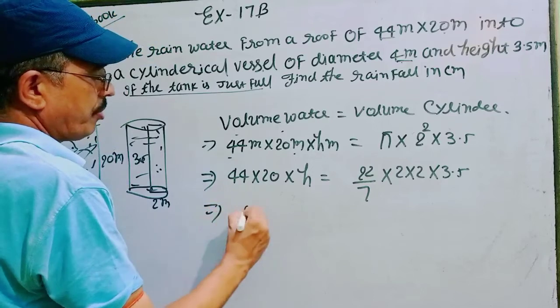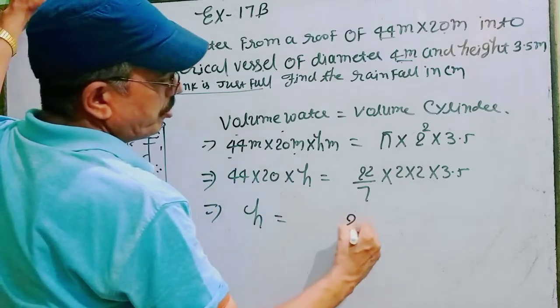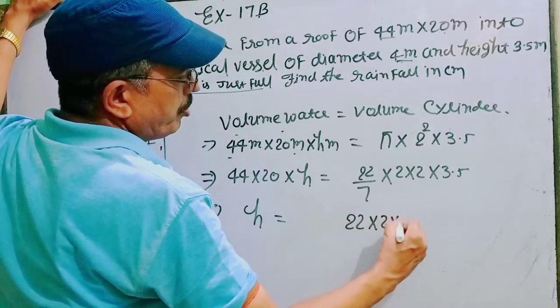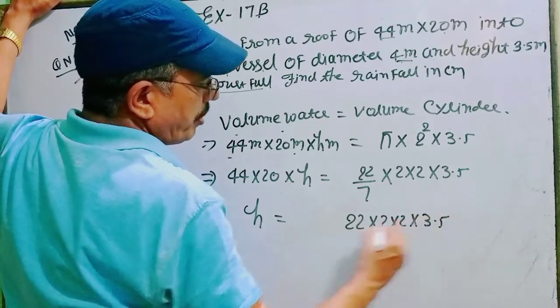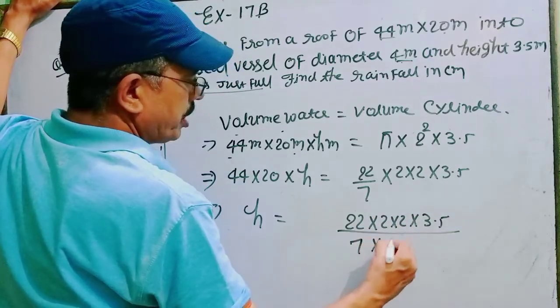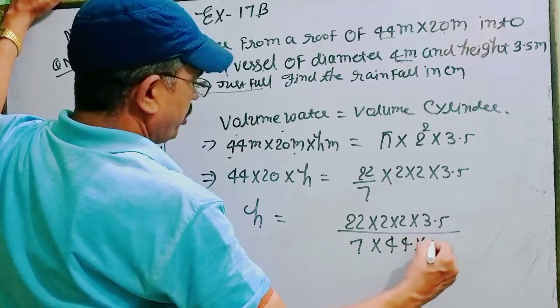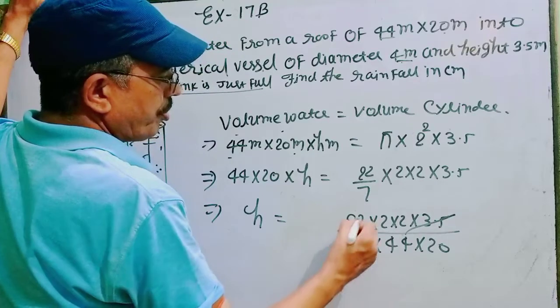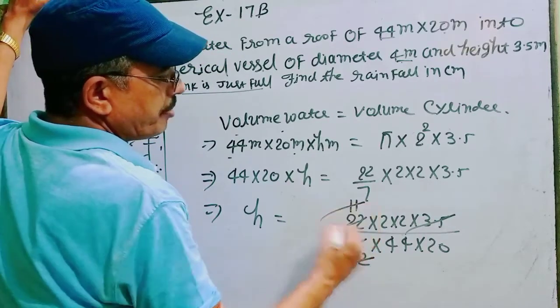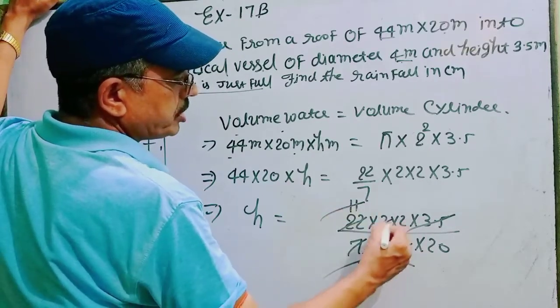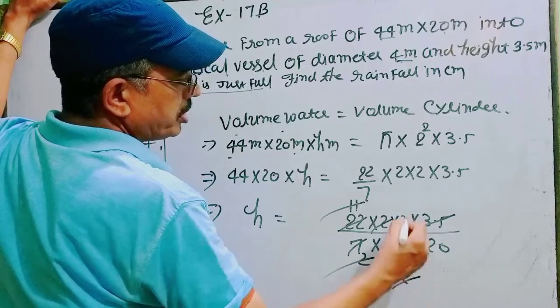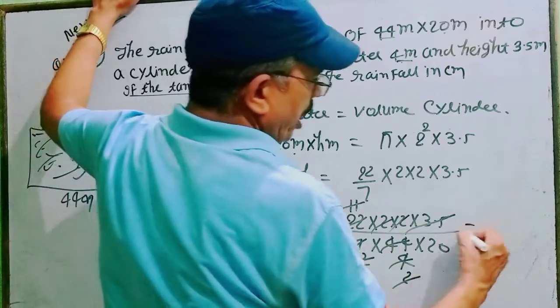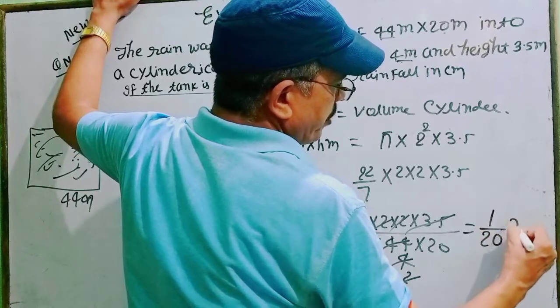So what is the value of h? Then h is equal to 22 into 2 into 2 into 3.5 by 7 into 44 into 20. Cancelling, 3.5 twos are 7, 2 elevens are 22, 11 fours are 44, and these two cancel and these two cancel. Then you have 1 by 20 meter.